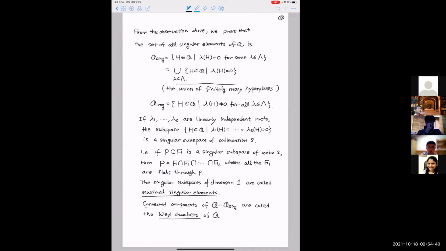Lambda is a linear map from A to R, so this gives us a hyperplane in A. And the regular vectors are the set where all roots are non-zero.